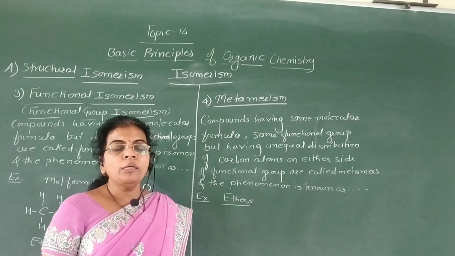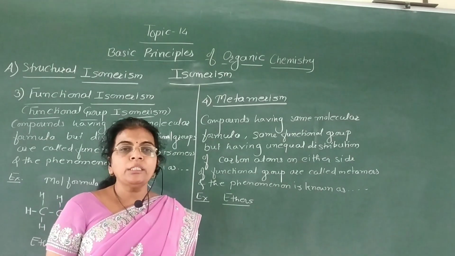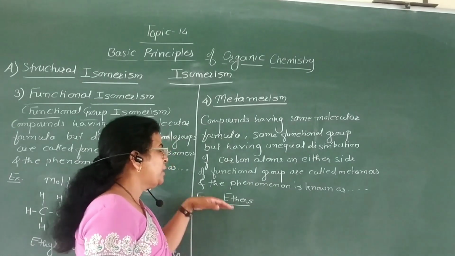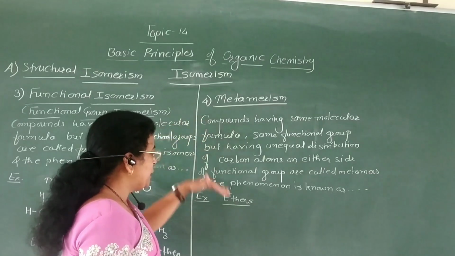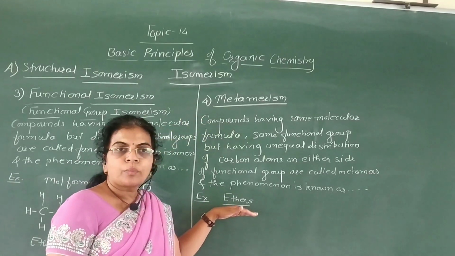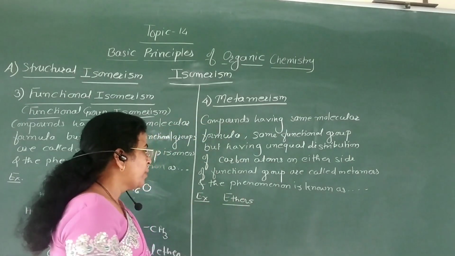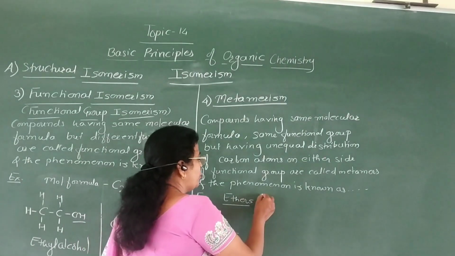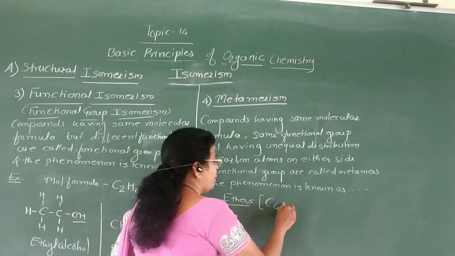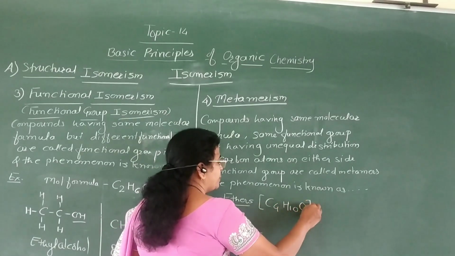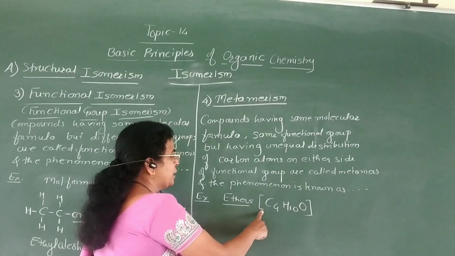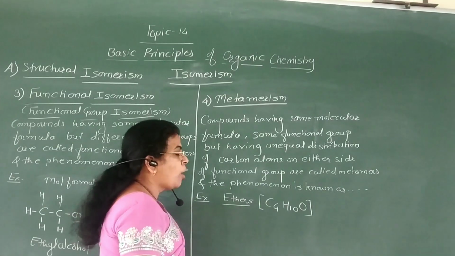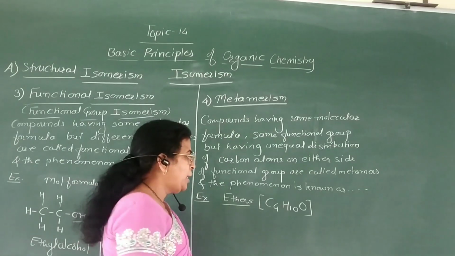We can understand this metamerism by using the example of ether. The molecular formula of the ether we are going to see is C4H10O.